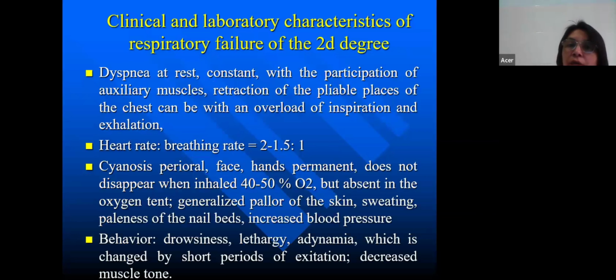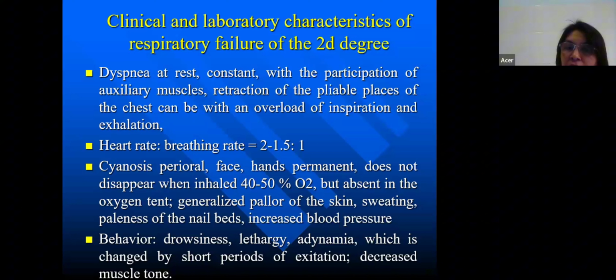Respiratory failure of the moderate degree, second degree. Dyspnea at rest, constant, with the participation of axillary muscles, retraction of the pliable places of the chest, even without exertion, at rest. Heart rate to breathing rate is 2 to 1. Normal condition is 4 to 1.